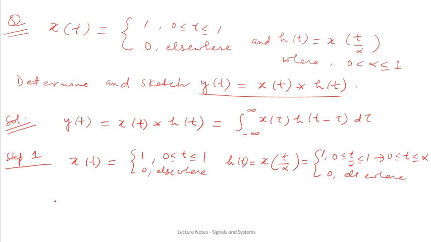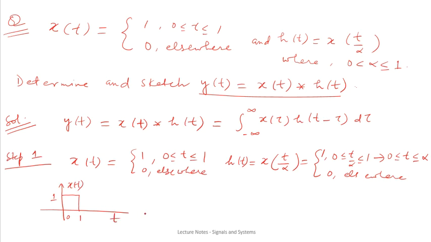If you plot these two signals, this will be 1 in between 0 and 1. This is your signal x(t).